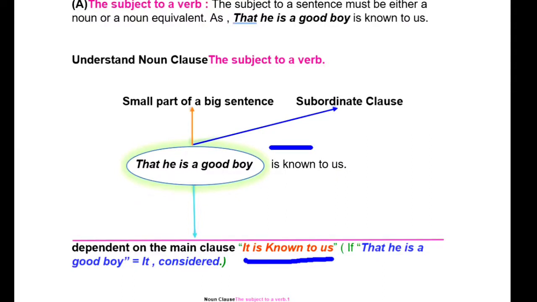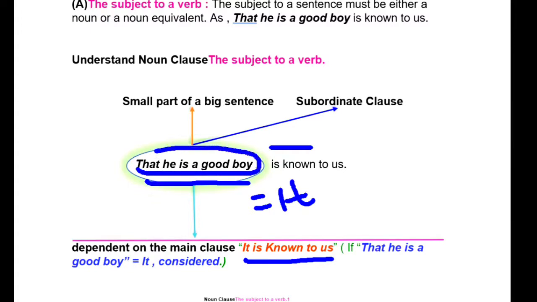This clause is dependent on the main clause "is known to us," because if we imagine that "that he is a good boy" is equal to "it," the sentence will be "It is known to us."